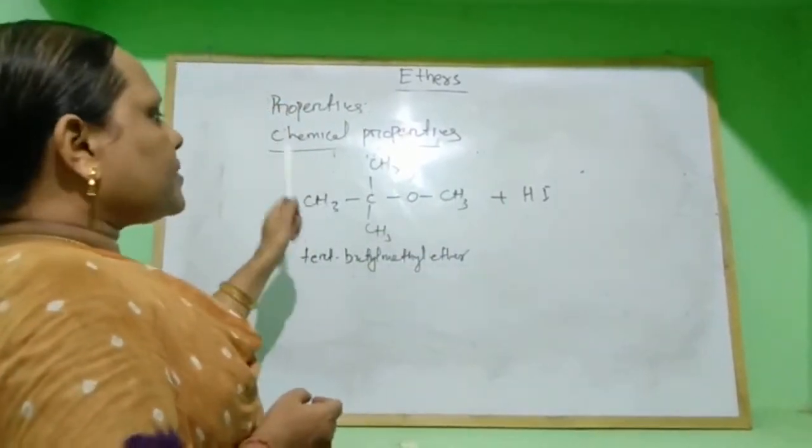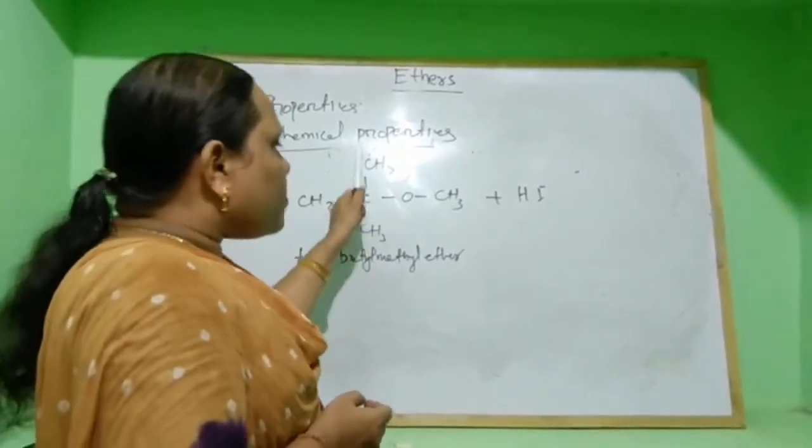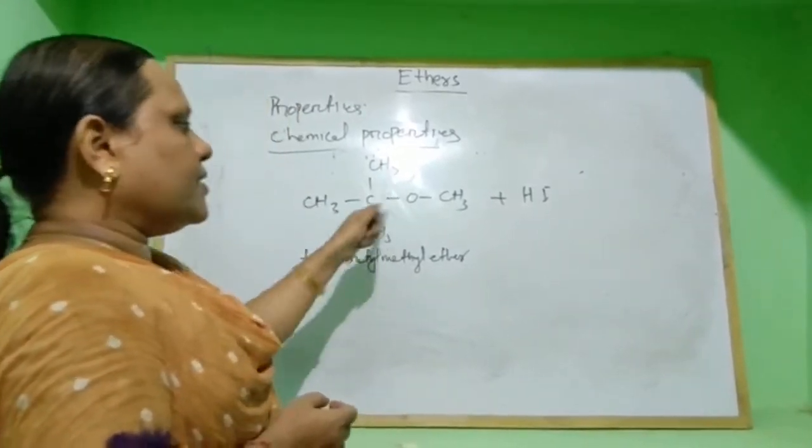As the tertiary carbocation is more stable, bond breaking takes place here instead of here.